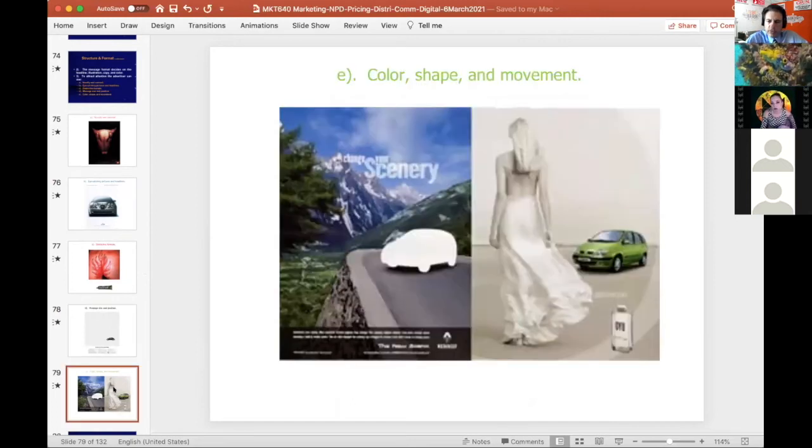This is an ad from Europe, and it shows a brand of car. This was a car that was not very successful because it was really not good looking. And I suppose they were trying to boost the appeal with this ad.